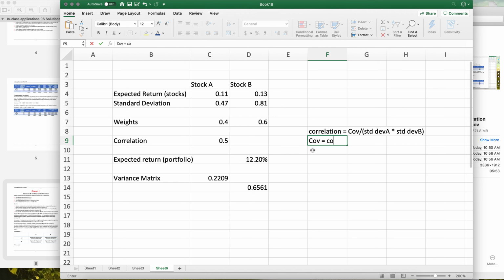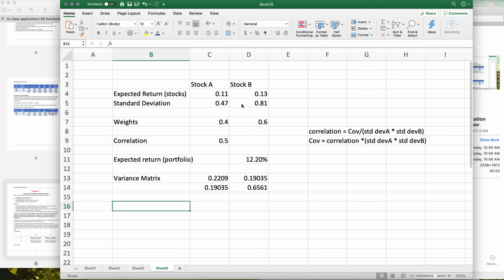And the covariance is going to equal the correlation times the standard deviation of A times the standard deviation of B. This is a formula that was in your packet from last week, and it is very helpful for life in general, but for this in particular. So correlation times standard deviation times standard deviation. And since they're symmetric, we can do that across the diagonal.